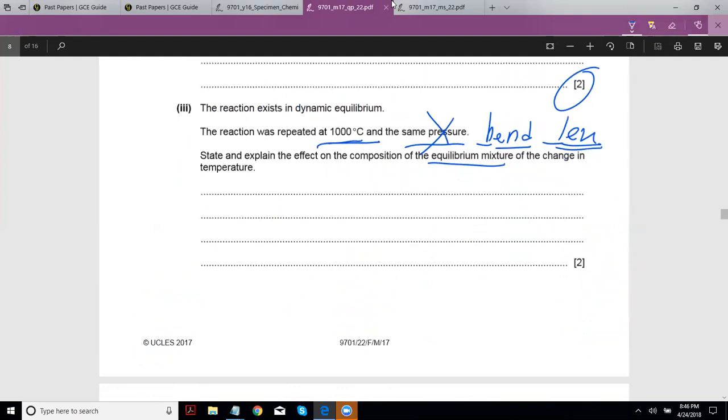So using the jugaad, the forward reaction is exothermic, but the temperature is increasing, so higher temperature favors the endothermic side.